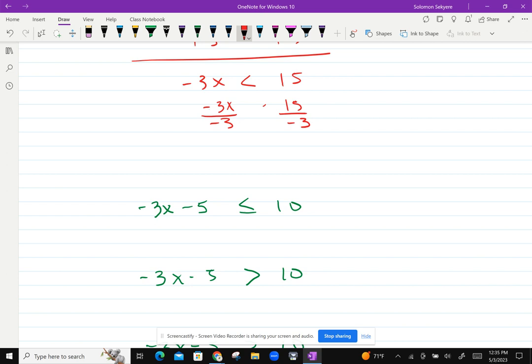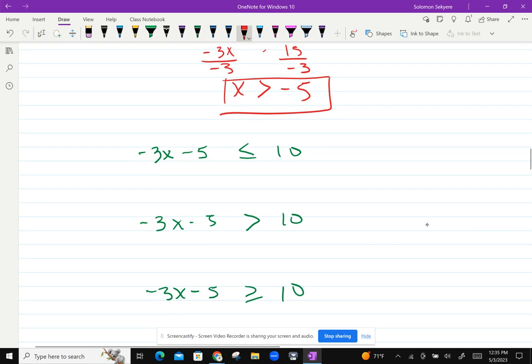Here's the difference. With inequalities, when I divide or multiply by a negative sign, then my sign changes. That is the only difference. That is it. So here, you're going to reverse the sign.